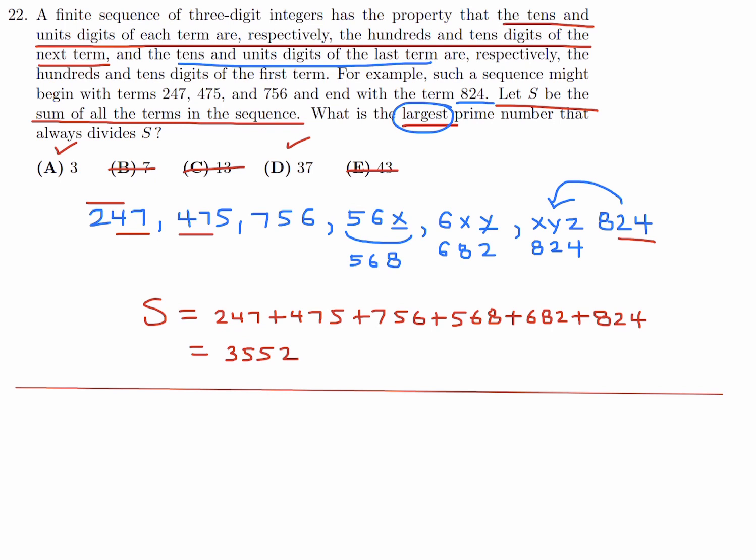So that means there's a 4 here, there's a 4 here, and there's a 4 here. So in any such sequence, you're going to have a digit that appears 3 times. So, for example, in this case, it's 247, and it's 475, and at the very end, there was an 824. So that 4 is going to appear 3 times for sure, or any number, really. It appears in the units digit section, the tens digit, and the hundreds digit.